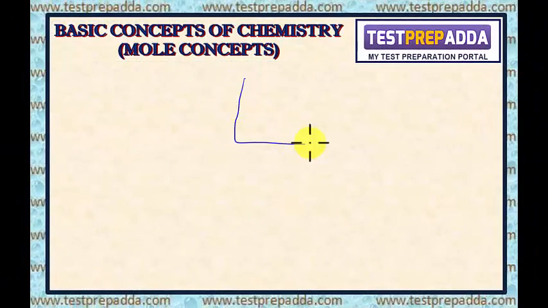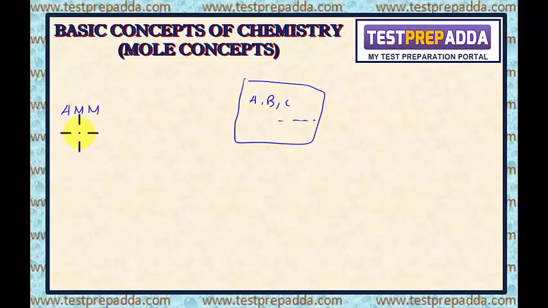So if a mixture consists of different compounds A, B, C, and so on, the average molecular mass can be written in a very similar manner: summation of percentage of 1 into molecular mass of that, upon 100.